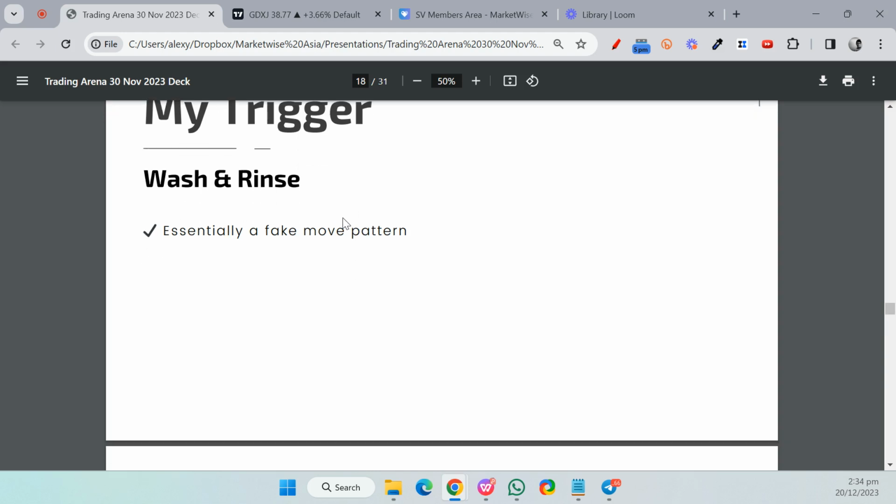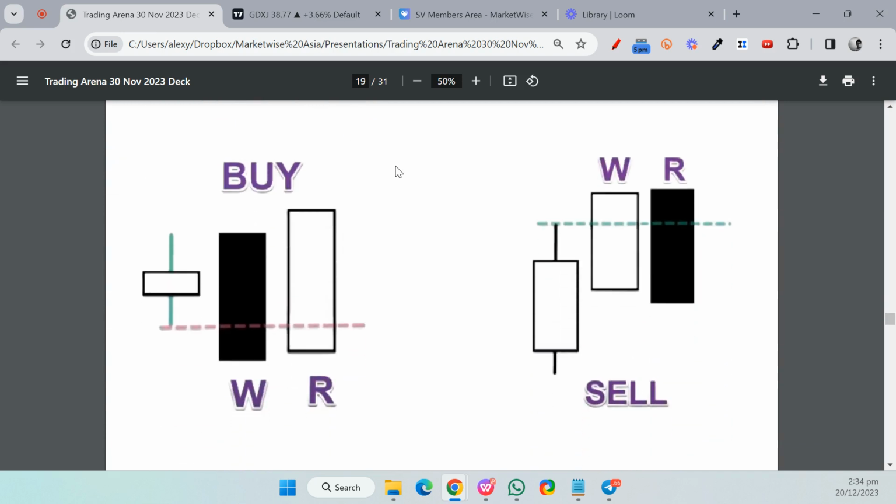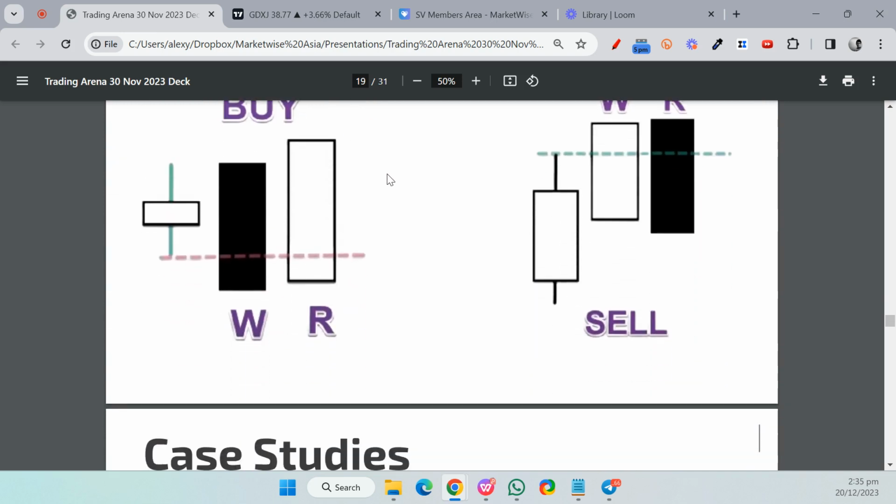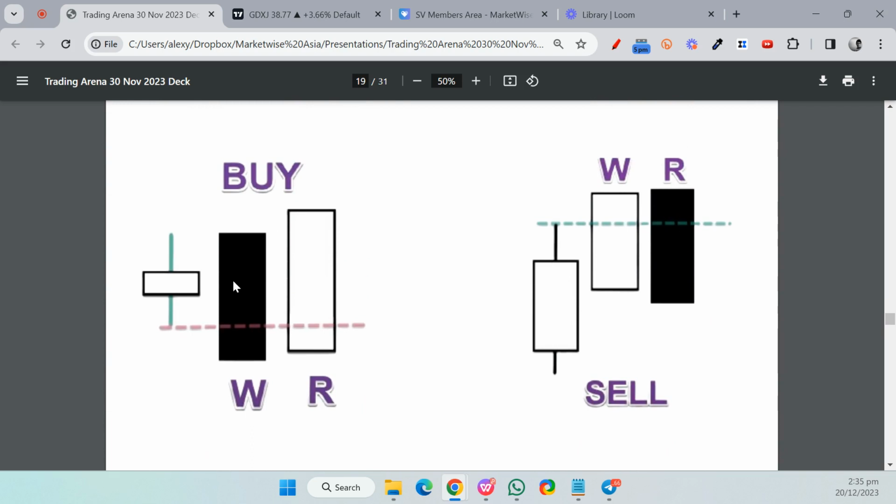Essentially, the wash and rinse pattern is a fake move pattern, or a false breakout. This is a simplified chart. We want to see a candle close below the prior day low, like on this black candle. Can you see this is the wash line?